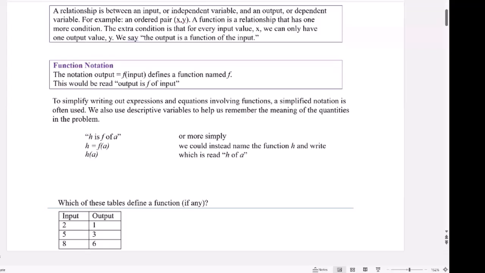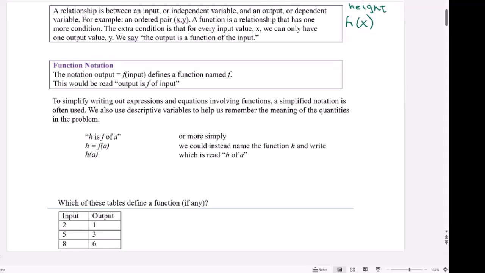So if we have a function, let's use h of x for our case, okay? Now, why did I choose h? I chose h because I'm going to talk about this being the height. So now h actually makes some sense.